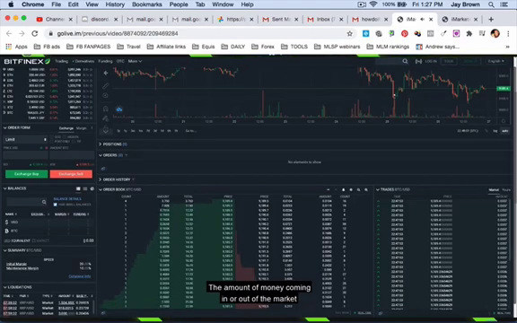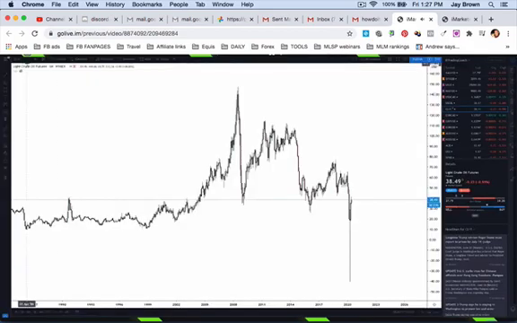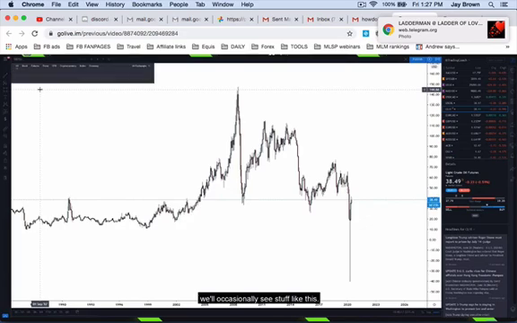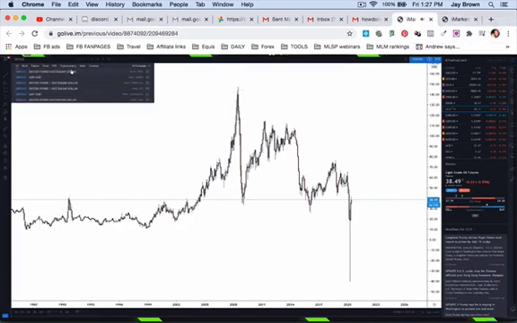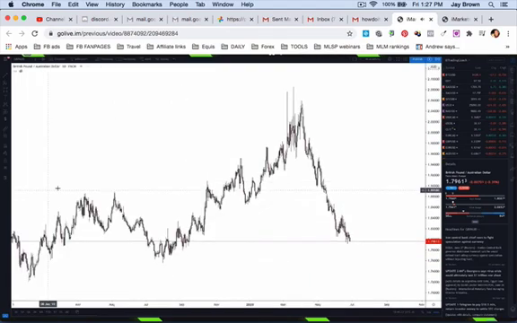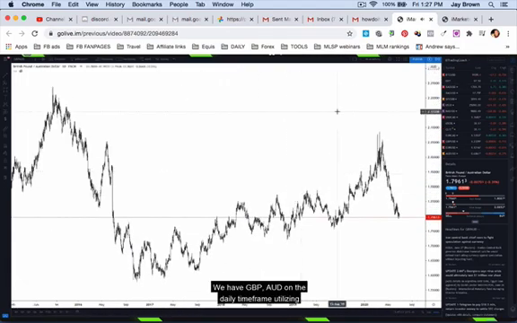The amount of money coming in or out of the market at any given time is heavily dependent on participation. When there are thin order books, we'll occasionally see stuff like this. We have GBP AUD on the daily time frame, utilizing the FXCM data feed.